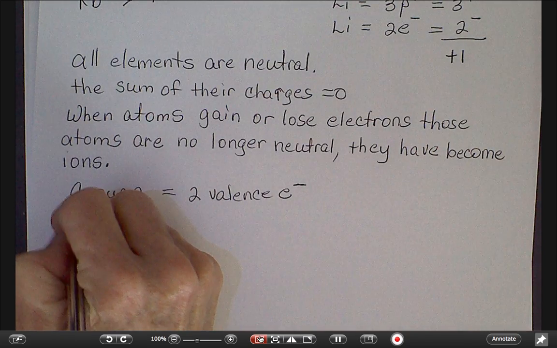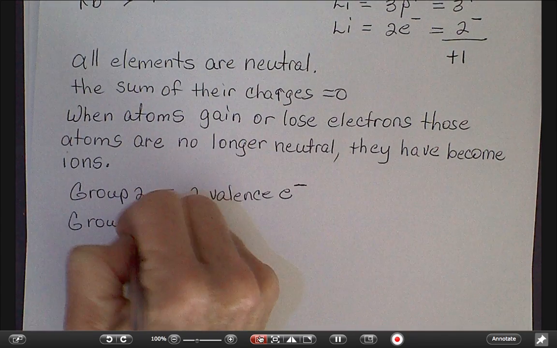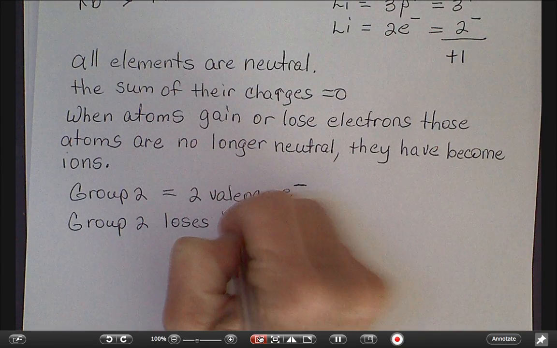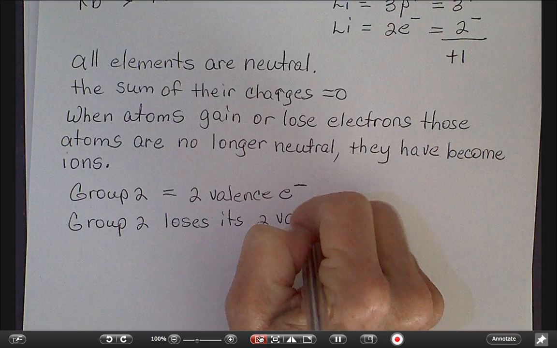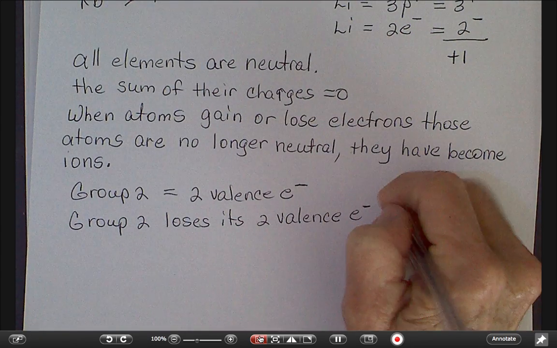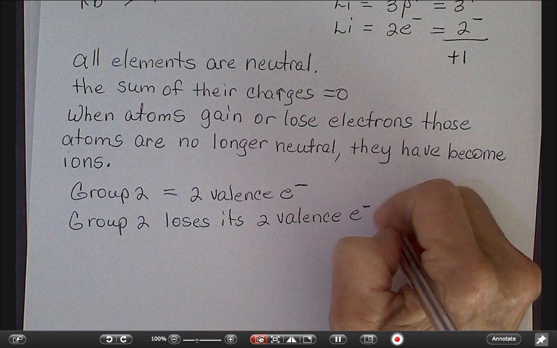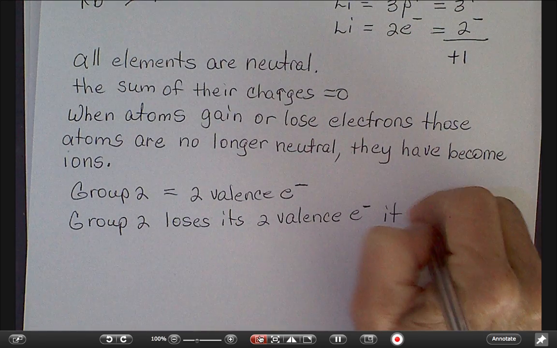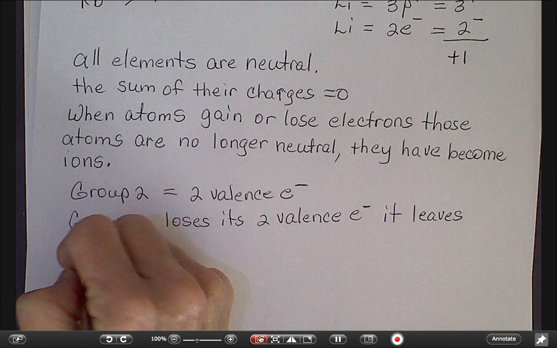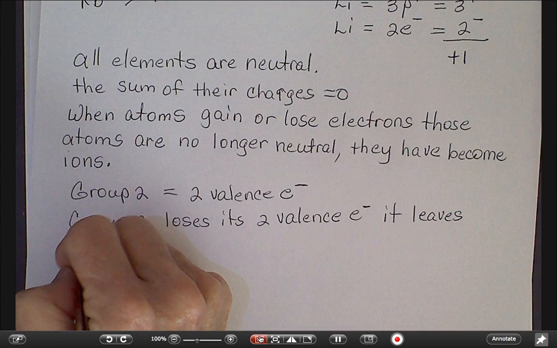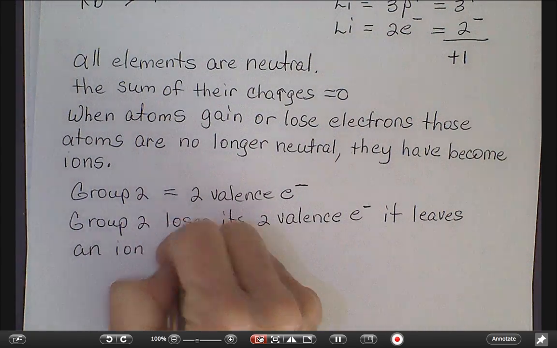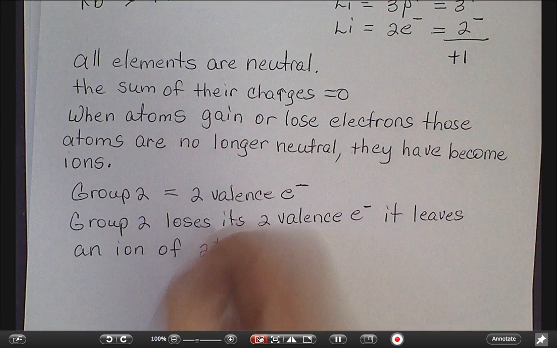So when group 2 loses its 2 valence electrons, it leaves an ion of 2 plus.